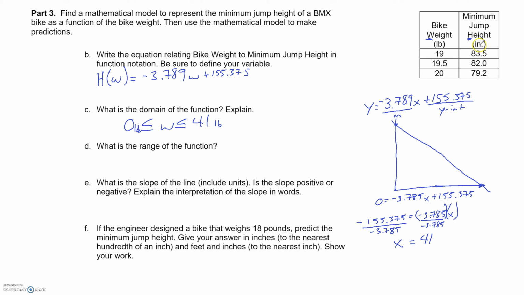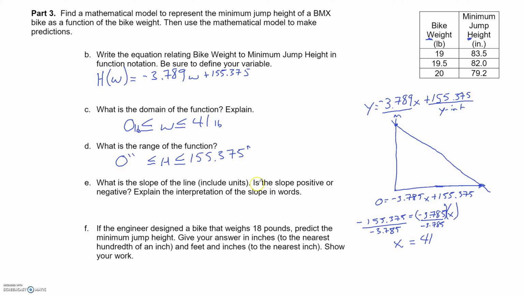So y is our height, h, and our height is going to be greater than or equal to 0 inches, and less than or equal to 155.375 inches. That means it's never going to go higher than 155 inches, and it's never going to go negative. It will never be a negative height.